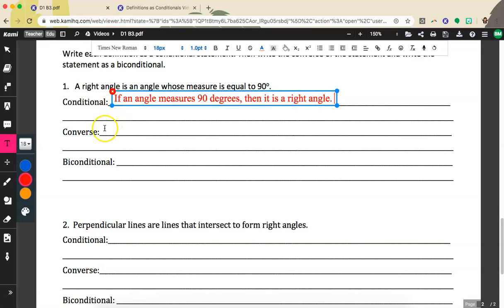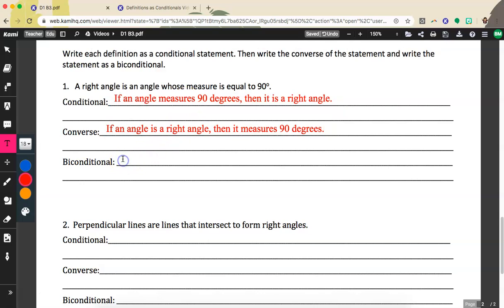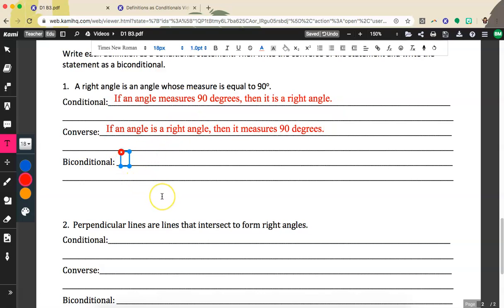Okay? The converse would be going in the other direction. So we're going to start with the conclusion. So we'll say if an angle is a right angle, and then we'll end with the original hypothesis. Then it measures 90 degrees. So now, as long as both of these are true, which they are, the biconditional means we can go in both directions using only one statement.